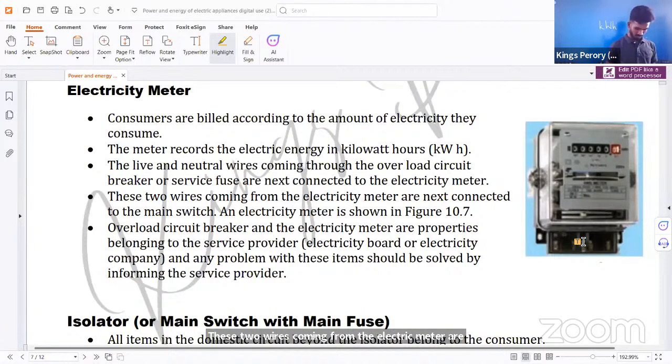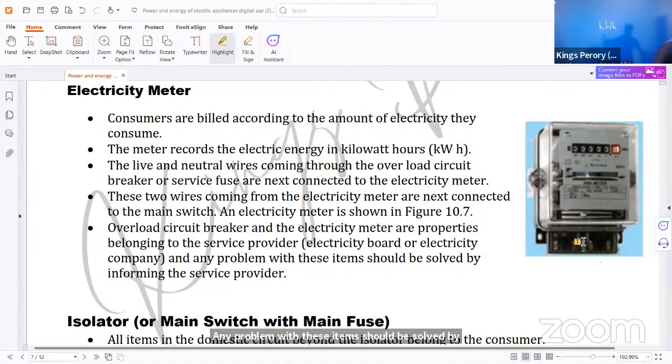An electricity meter is shown in figure 10.7. Overload circuit breaker and the electricity meter are properties belonging to the service provider, electricity board or electricity company, and any problem with these items should be solved by informing the service provider.